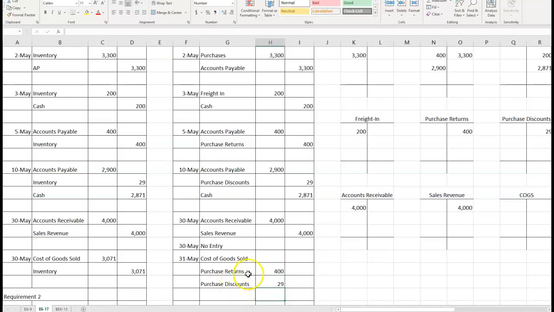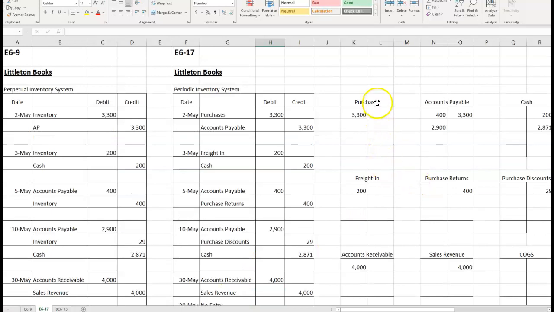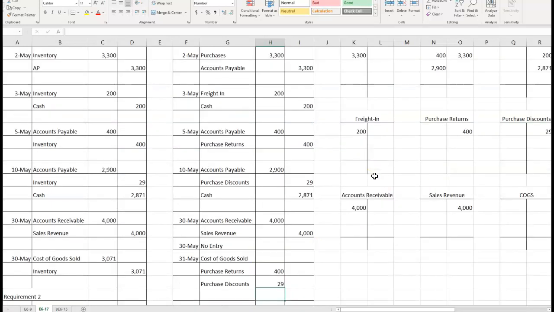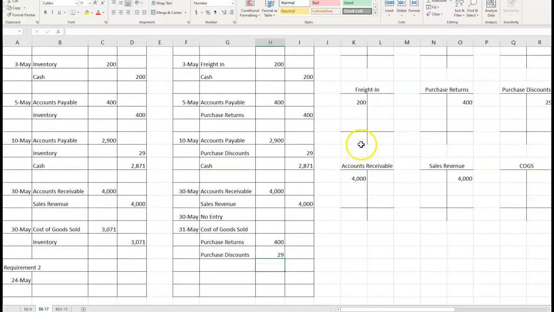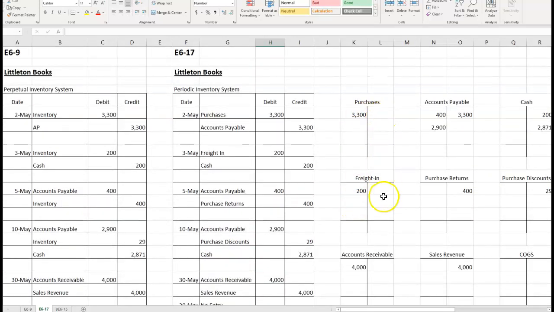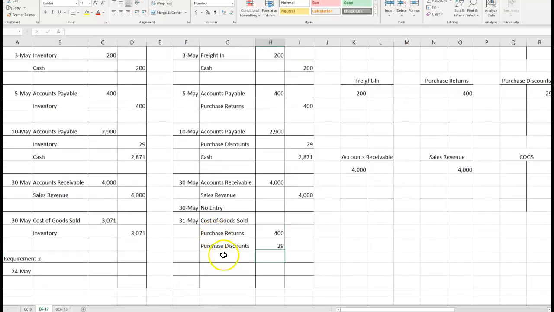Okay. We also need to close the purchase account and the freight in account. They have debit balances, so we need to credit them. So purchases, credit 3,300, freight in, credit 200. That leaves us with cost of goods sold.